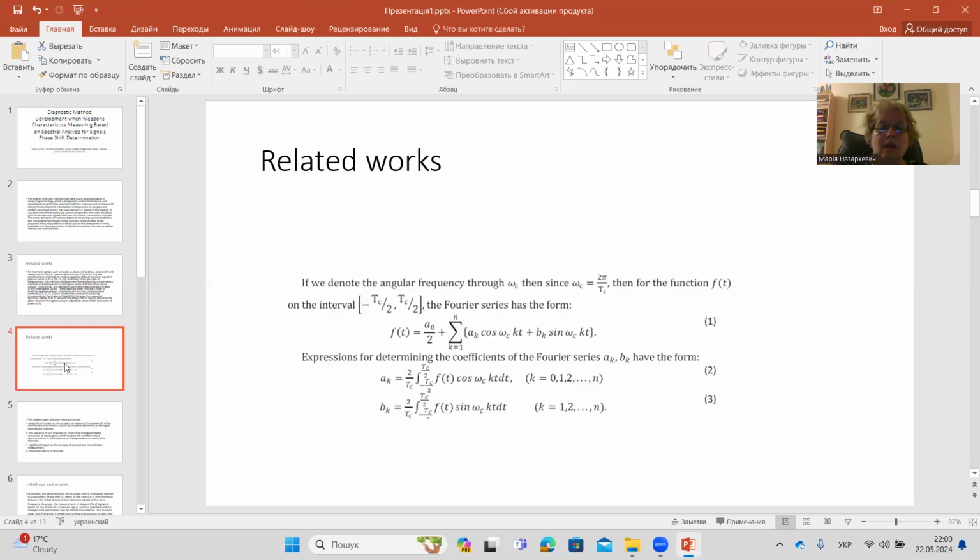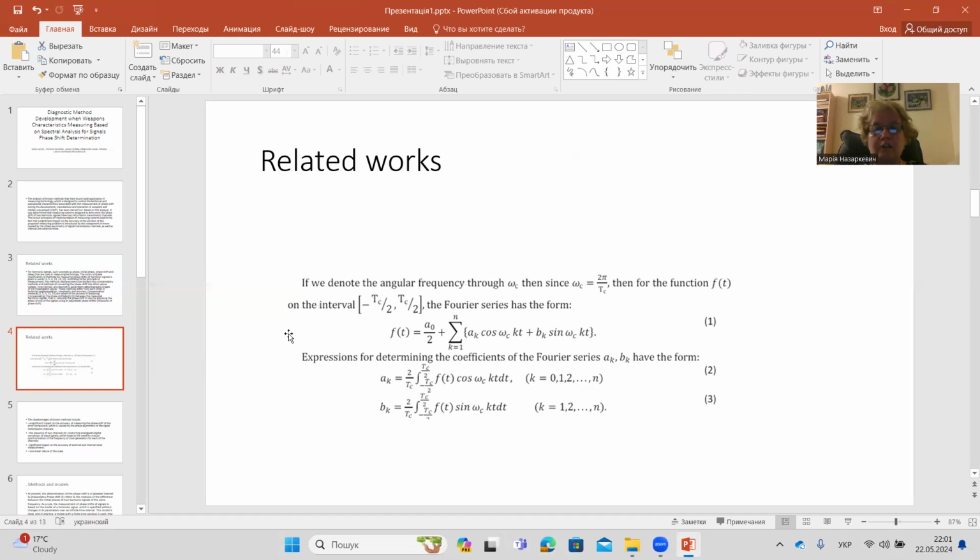Related works. Let us denote the angular frequency, thus the sign omega equals 2π/T.